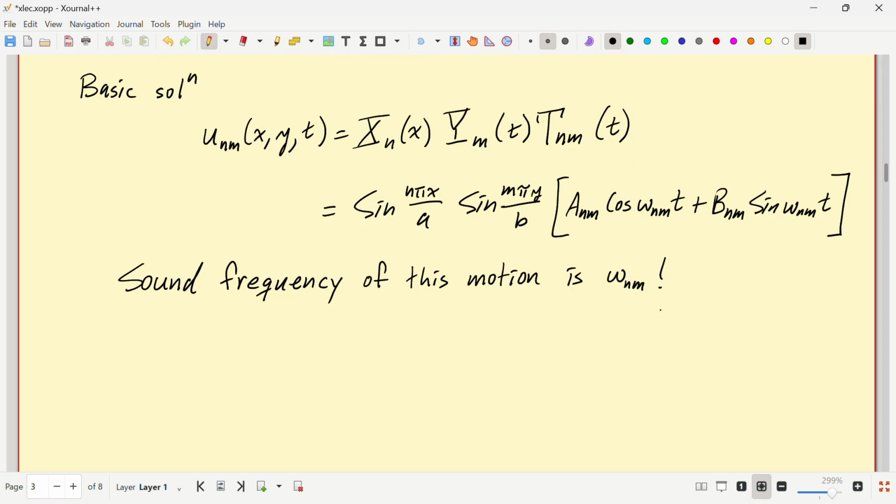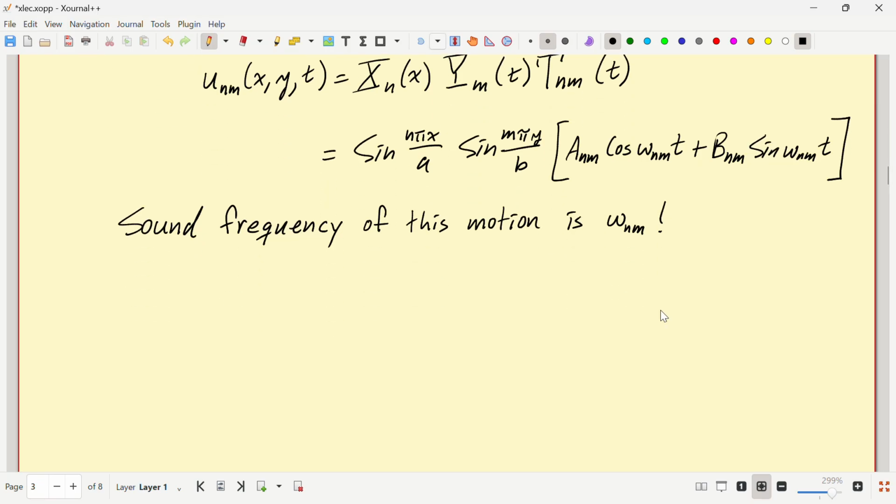So this is a basic mode of oscillation, and it turns out that the oscillation is composed of these basic modes of oscillation. It's kind of fascinating.